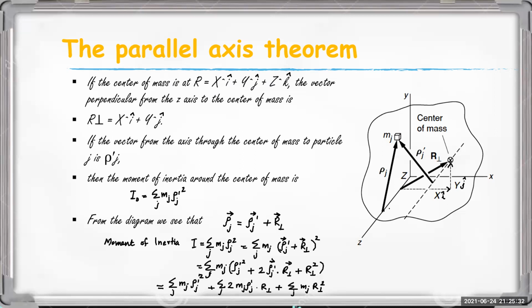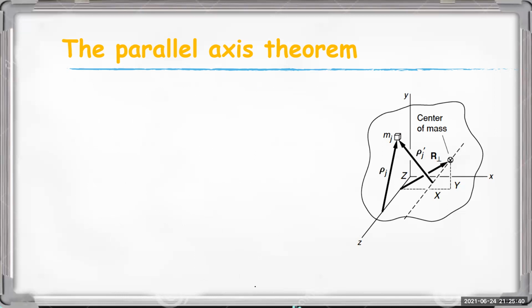Okay, then we don't know what the second term is. Considering the second term, it must vanish because of the definition of the center of mass. Just let's check the second term.